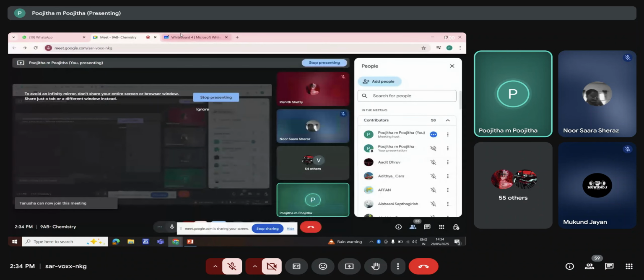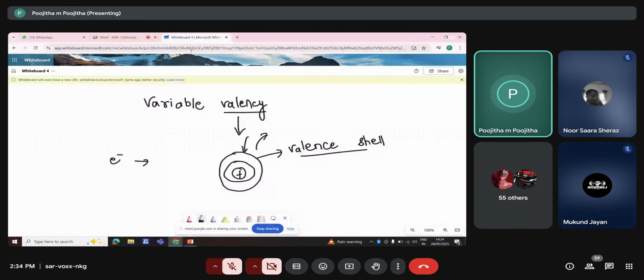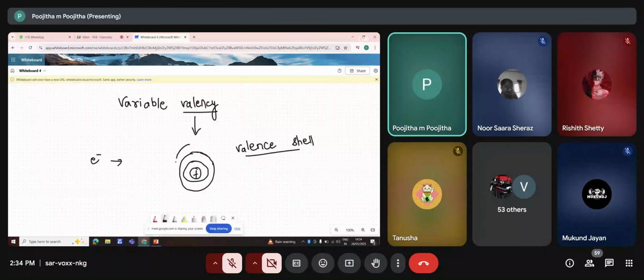Now, in certain elements, you will observe the valence, the last but one shell. Imagine an atom with three shells, like K, L, M. So now M shell is the last shell, correct? The last but one shell is called what?